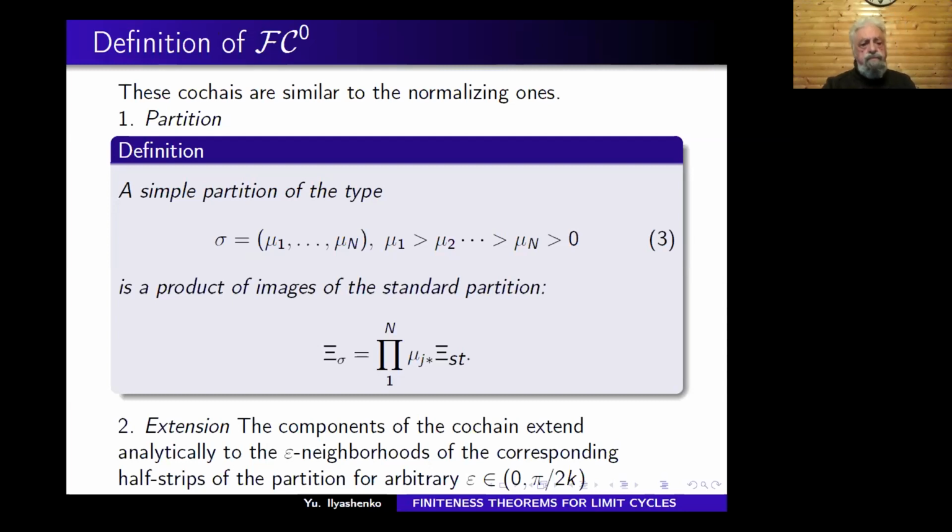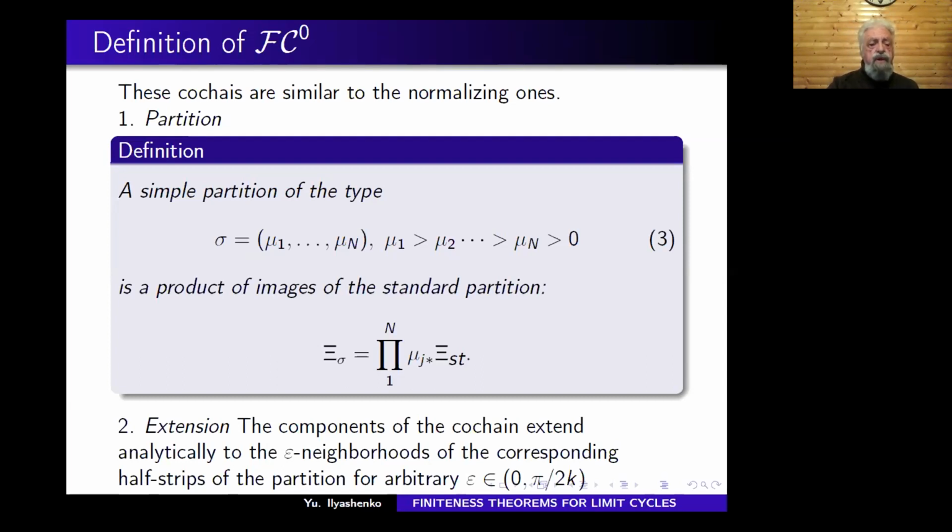Now, how is the set of cochains FC0 defined? I will give you an almost complete definition, which is sufficient to make the impression of what is considered. I will say what details are hidden.